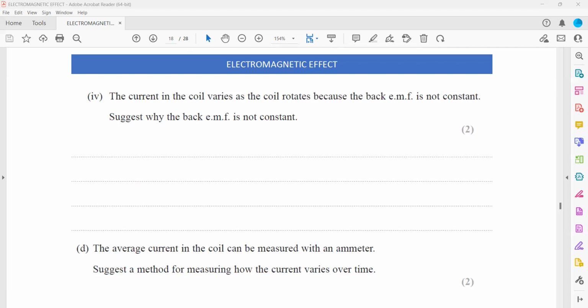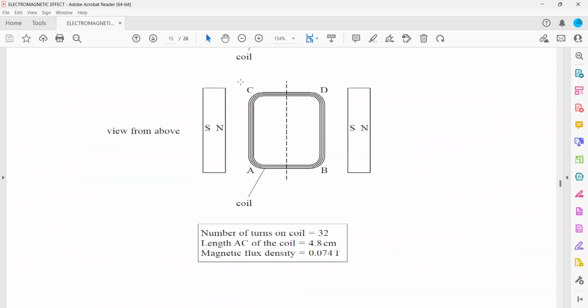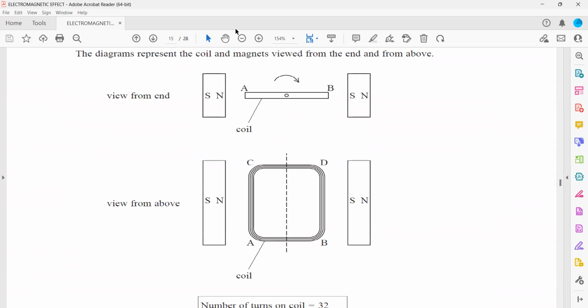Like as this coil is rotating, the angle of the coil to the magnetic field varies, or the angle is changing. As a result, the rate of change of flux will also change. So when this coil is exactly like, as you can see, this is a coil. First, it is exactly parallel to the magnetic field. Then this will be the new position.